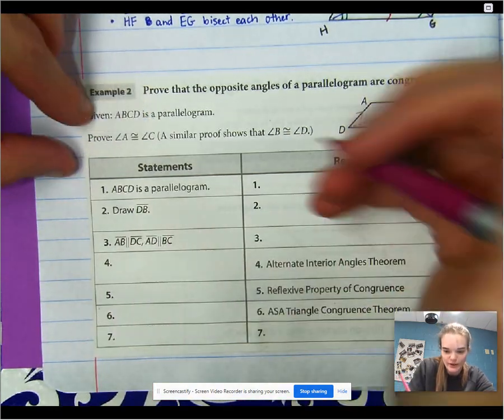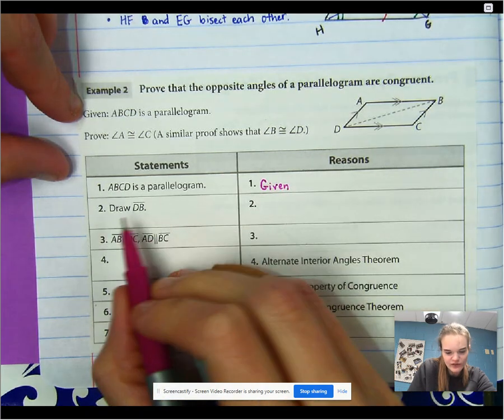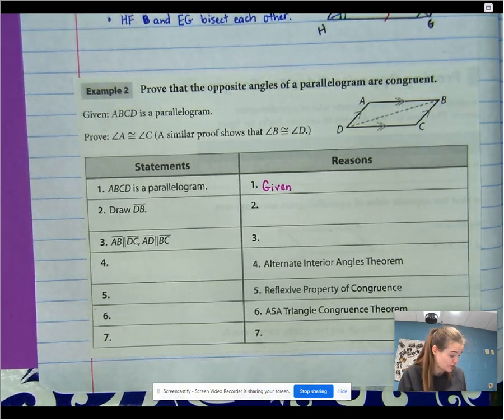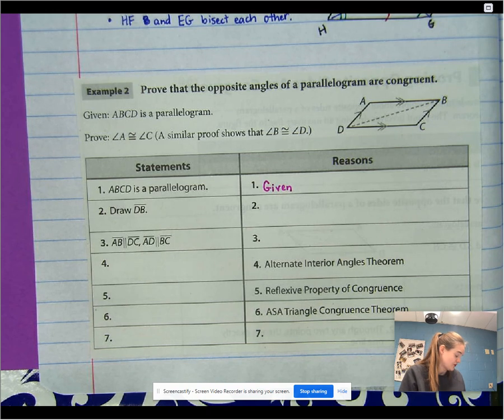Okay, example 2. ABCD is a parallelogram. Well, that's our given. Next, it says draw DB. You're not used to that step. For years, that's already been filled out in this proof, so I'm actually surprised. The book has changed.